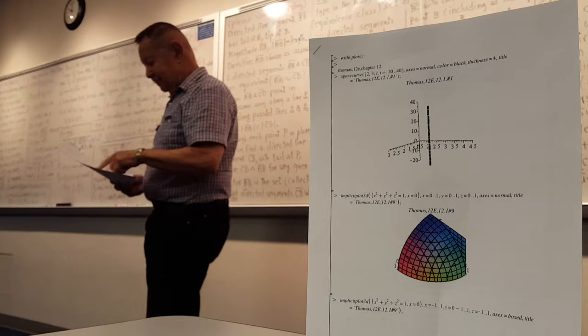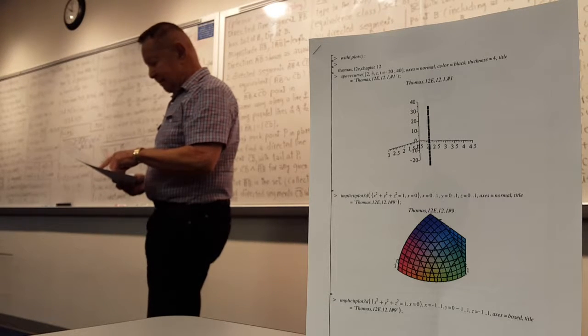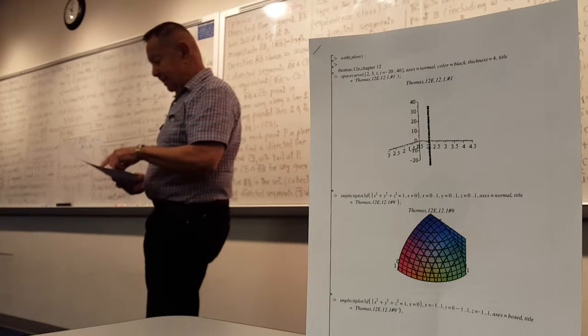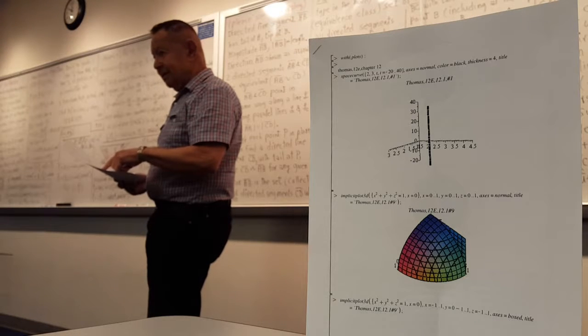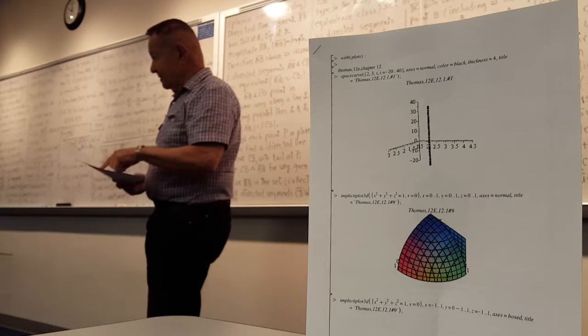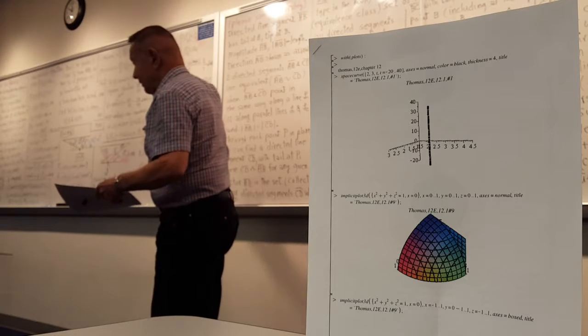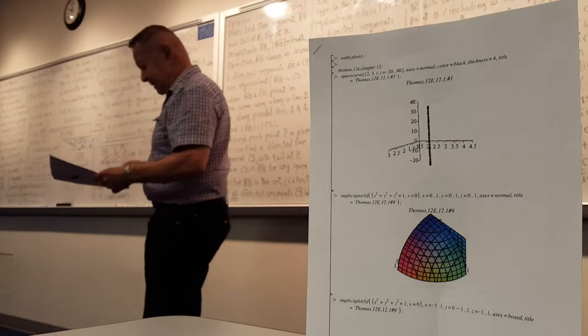So you see I've used the set braces because I'm defining a set of two things. I'm defining the surface, x squared plus y squared plus z squared equal 1, and also, see the comma there, the surface x equals 0, that's the plane of the board, that's the YZ plane.